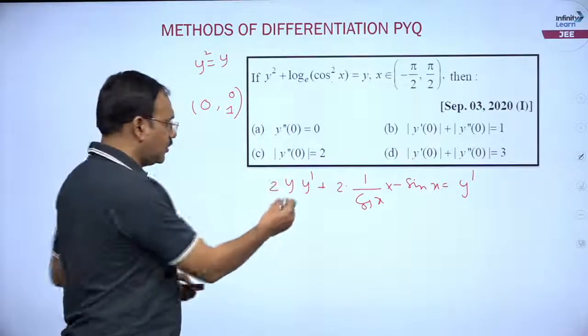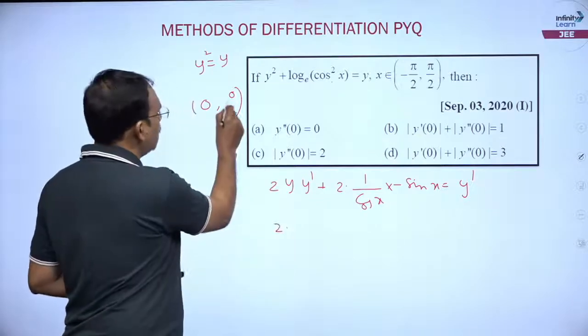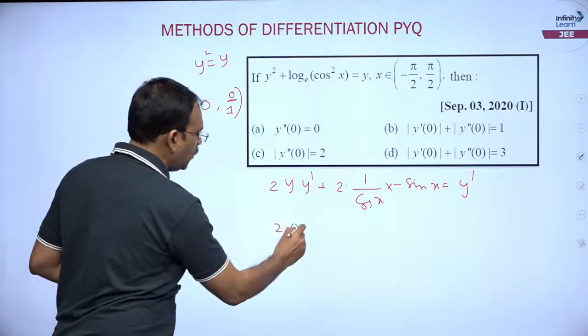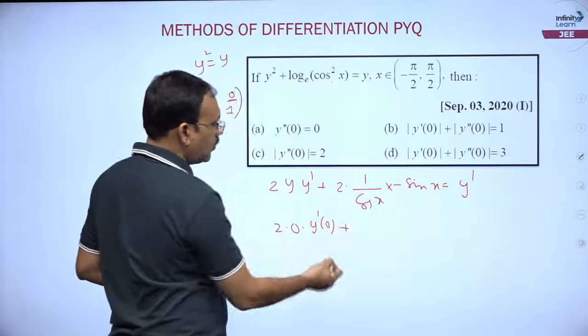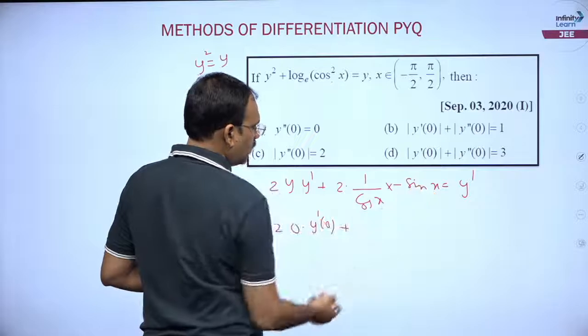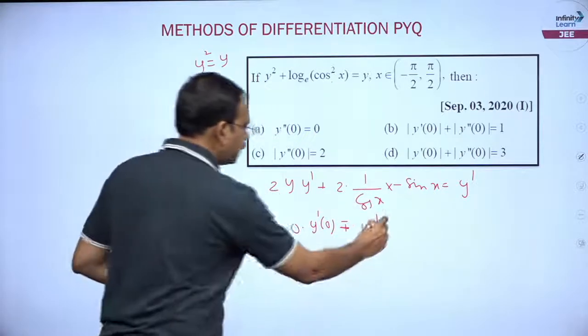Suppose y of 0 is 0: 2 into 0 into y dash of 0 plus cos 0 is 1, sin 0 is 0, this term will become 0, is equal to y dash of 0.